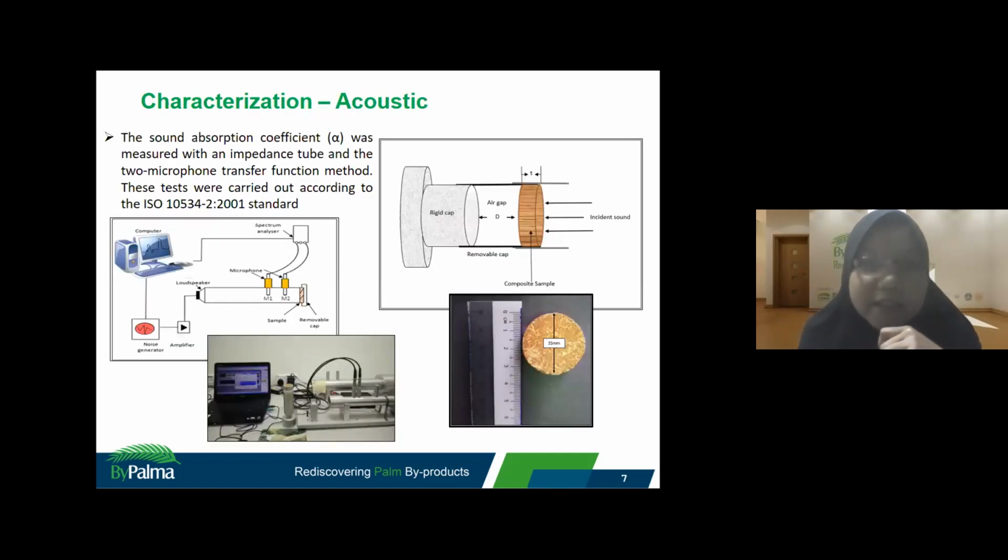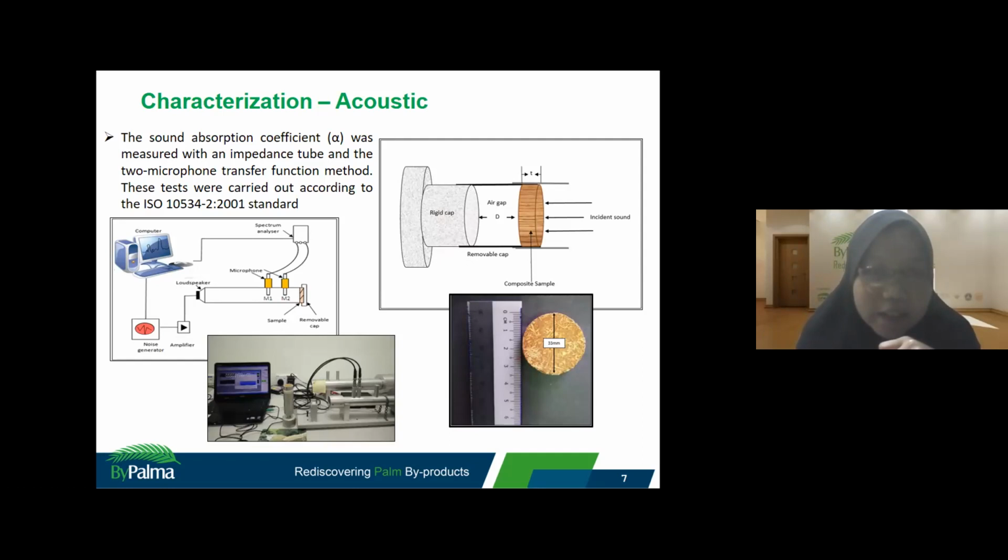And then this is the characterization for acoustic, which is the sound absorption coefficient. It was measured with an impedance tube and the two-microphone transfer function method. This test we carry out according to the ISO 10534-2 2000 standard.